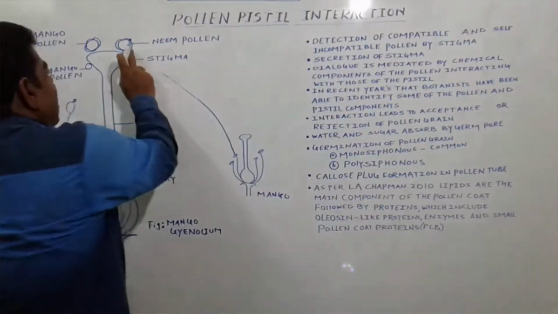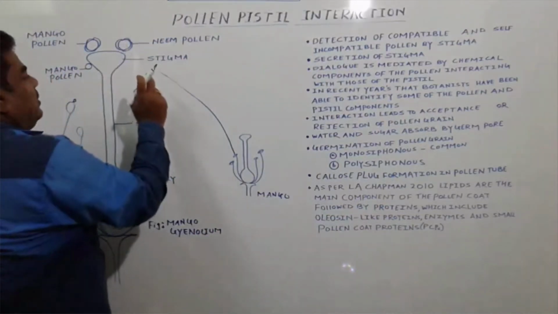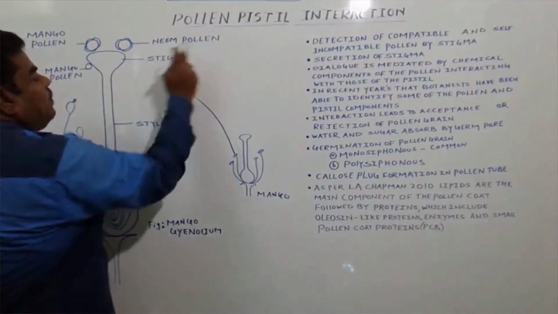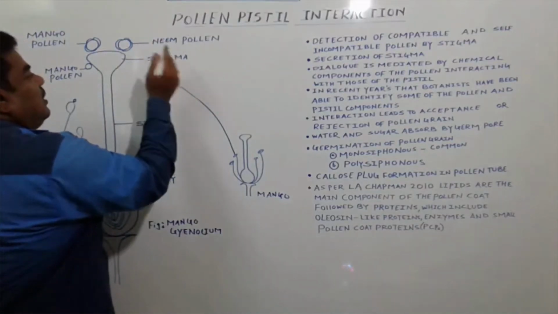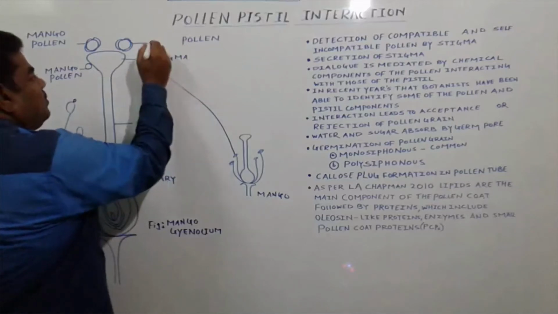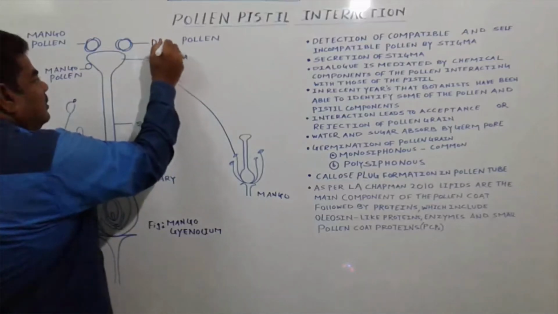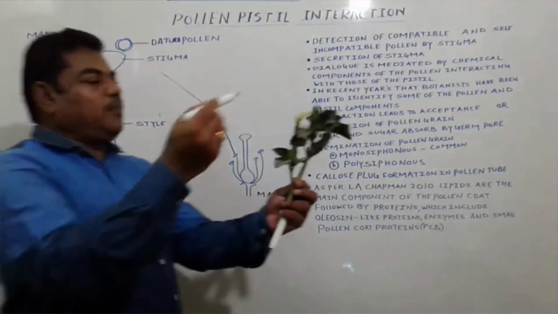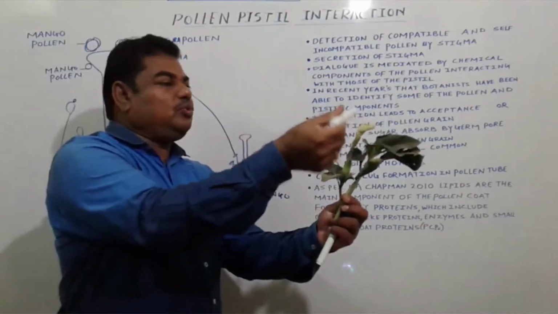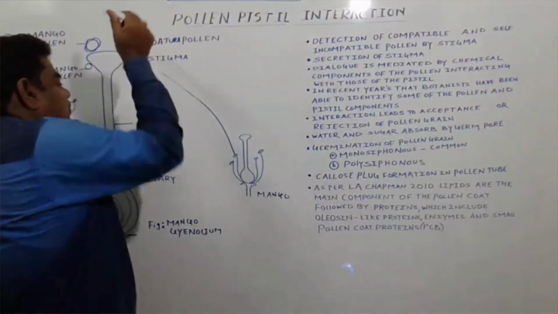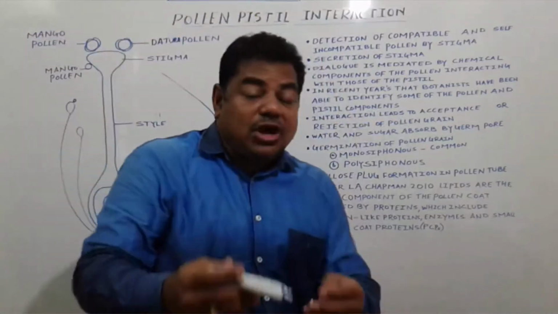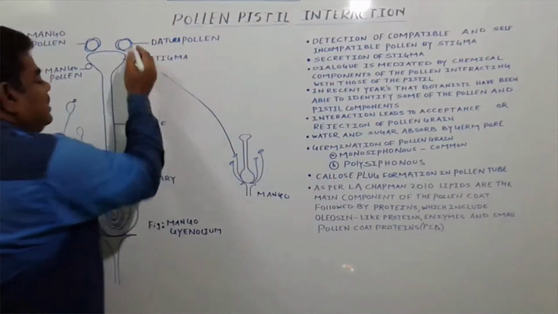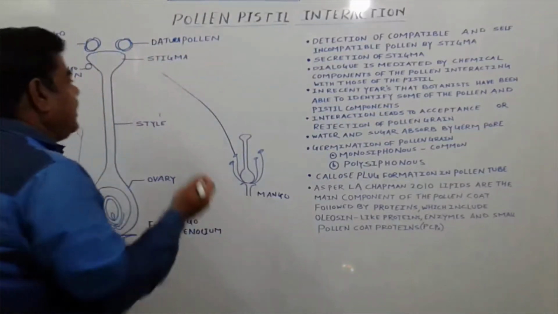Here I have written it as neem pollen, for example datura pollen grain, like this. So transfer of pollen grain from a mature anther lobe to the receptive stigma of another flower, but of another species. Such type of pollination also gets carried out.